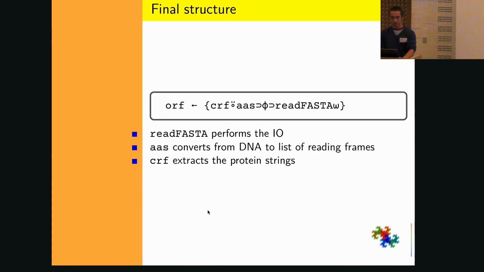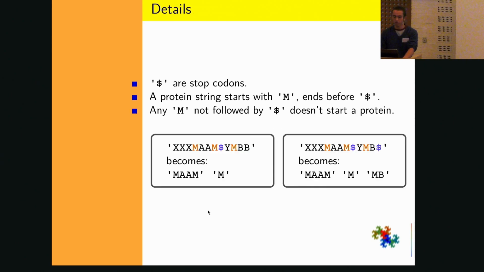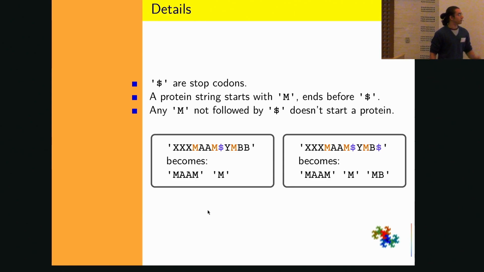So CRF will take an amino acid sequence and it will extract all the protein strings that this sequence can encode. And I chose a little bit of different encoding for the proteins. Some sequences encode stop codons, and those are the places where we need to stop decoding a protein string.